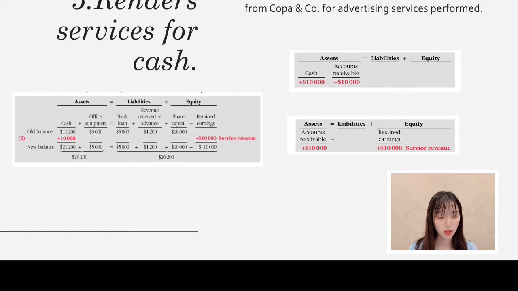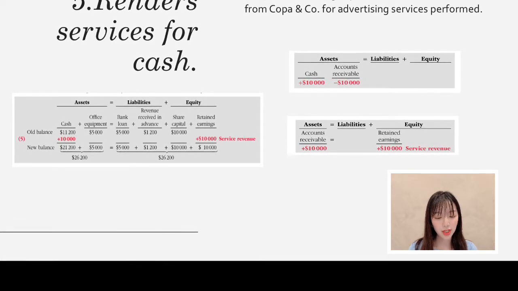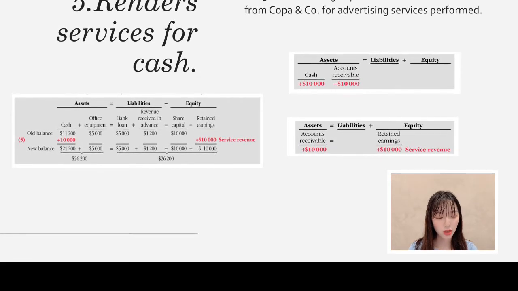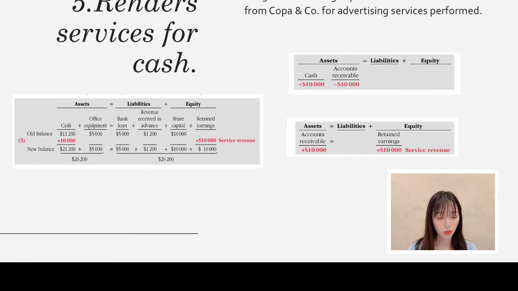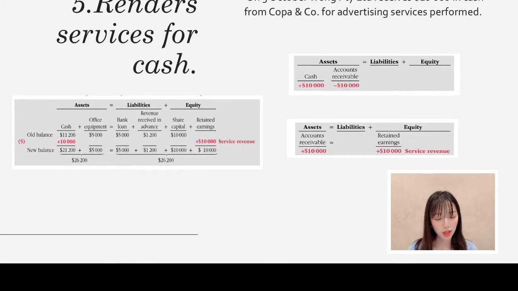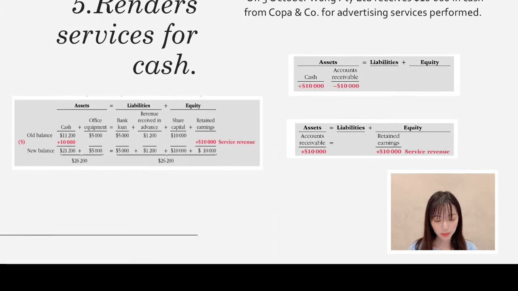Suppose that One Limited had provided this service on account rather than for cash. This transaction would have been reported using the accounting equation like this.